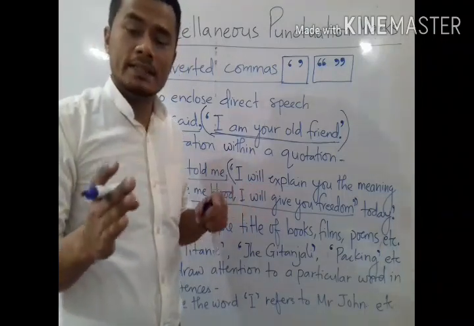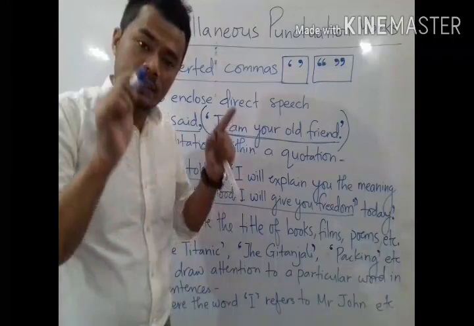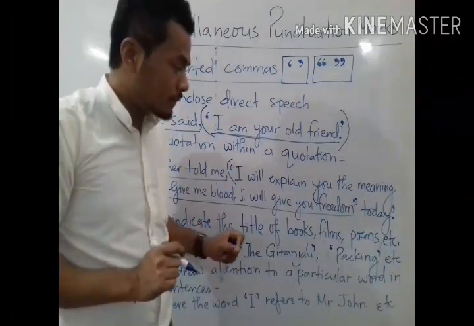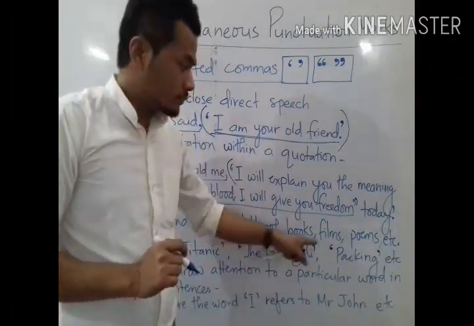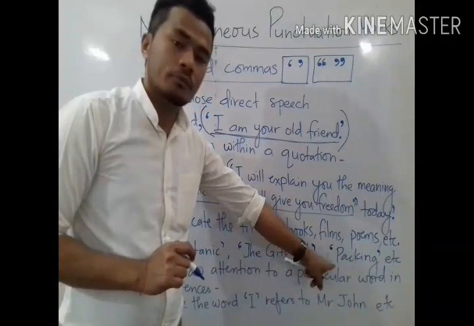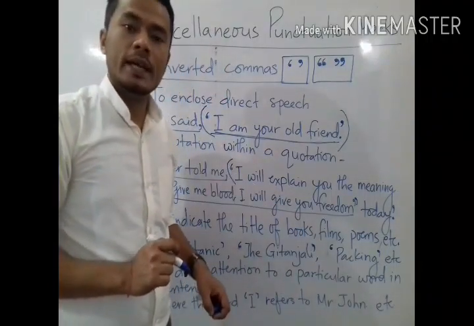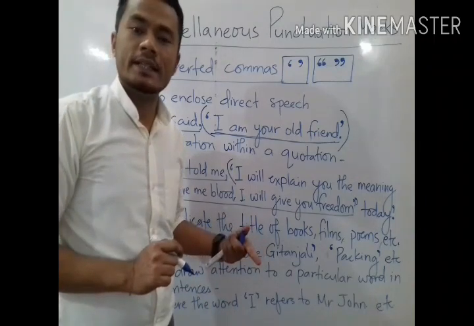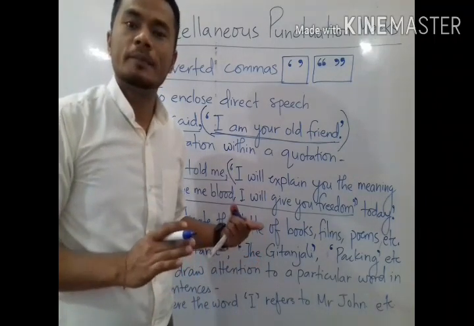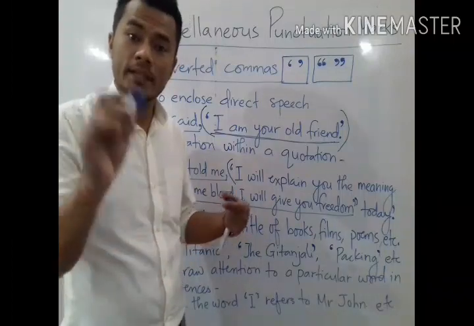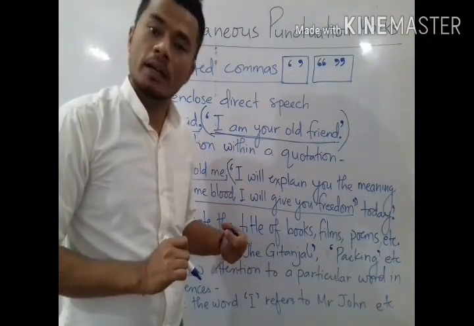So here the Gitanjali is the name of the book, so it should be quoted with single inverted commas. I can also make a sentence with the story name Packing. Today our teacher started the new chapter, 'the Packing'. So here Packing should be quoted with single inverted commas.